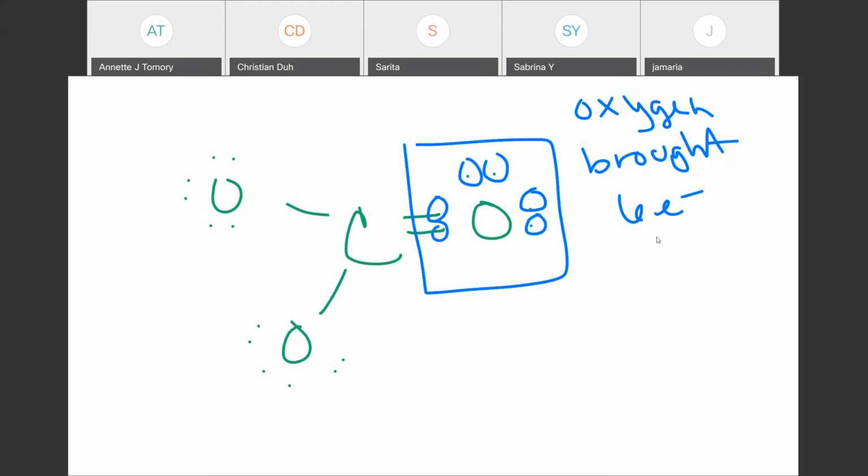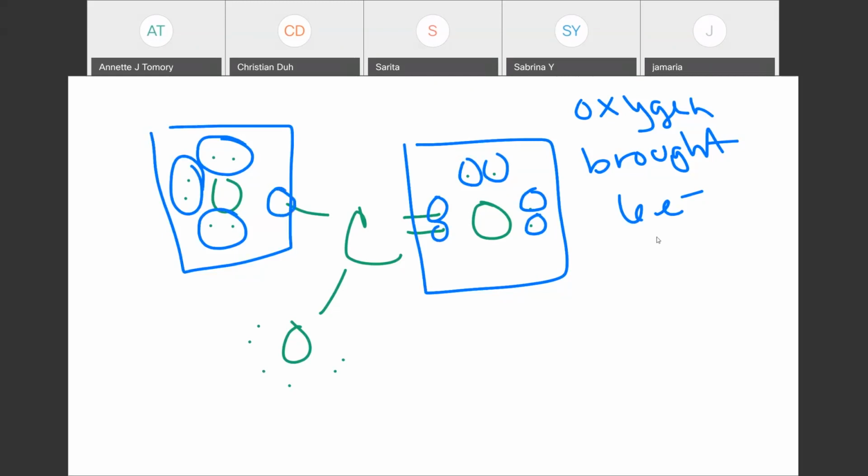Those are my 6 electrons. What if I did the same thing over here? 2, 4, 6. How many does that one have on the left? 8. Remember, when you do formal charges, we cut that bond in half. So it's 7. So around that oxygen on the left-hand side, it has 7 around it, but it only brought in 6. So what's the charge of that oxygen?